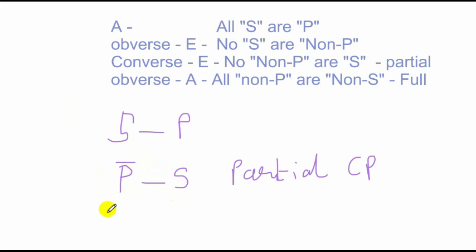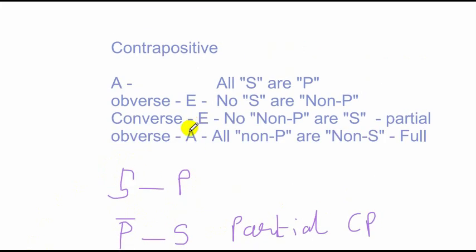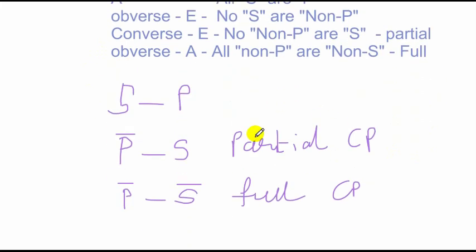So either the predicate is negated or the subject is negated. In partial contrapositive one is negated, and in full contrapositive, both are negated. So the ultimate aim is to negate one of them, either the subject part or the predicate part, or negate both of them in full contrapositive. So this is how the contrapositive is converted, A part. Now let's move on to the E part.